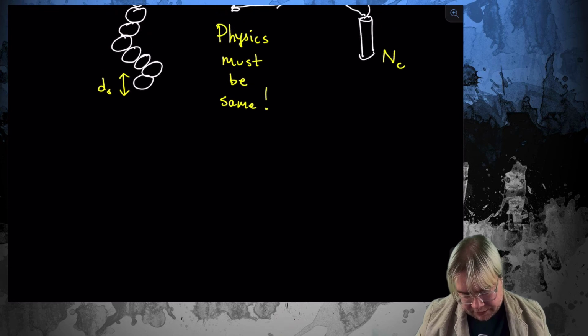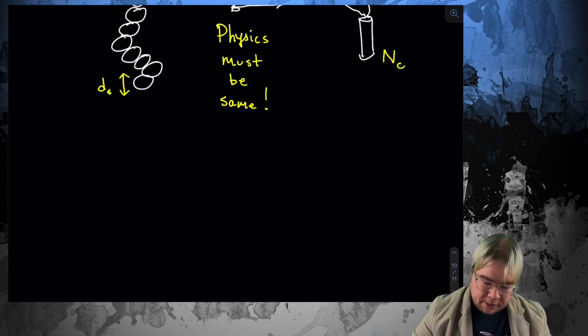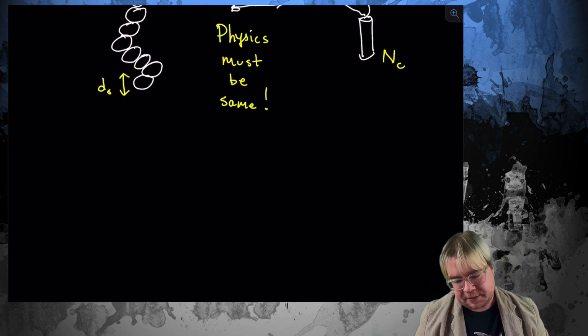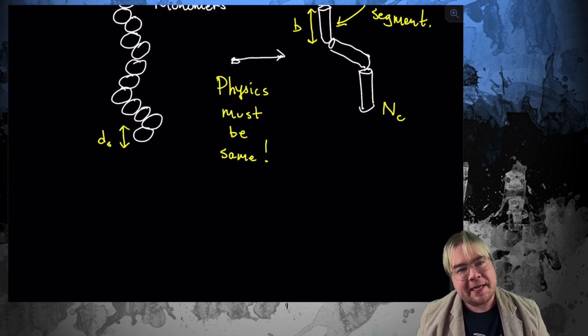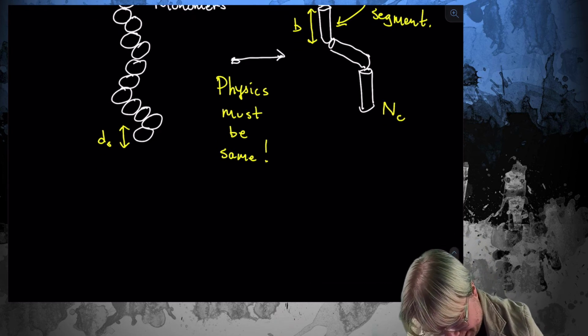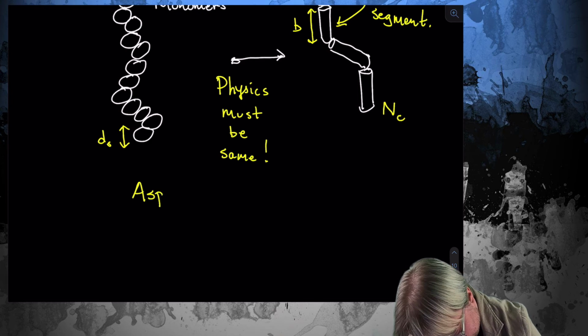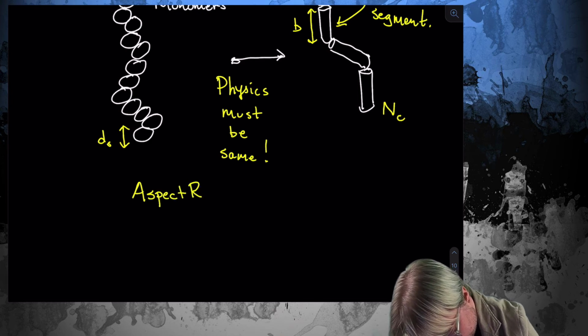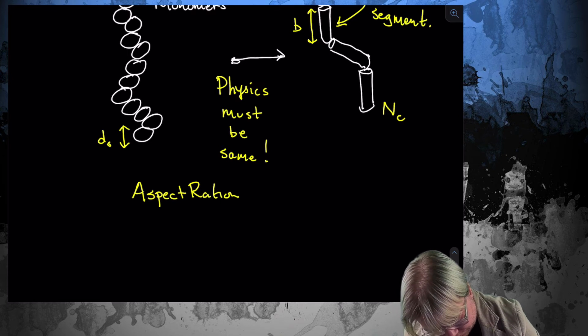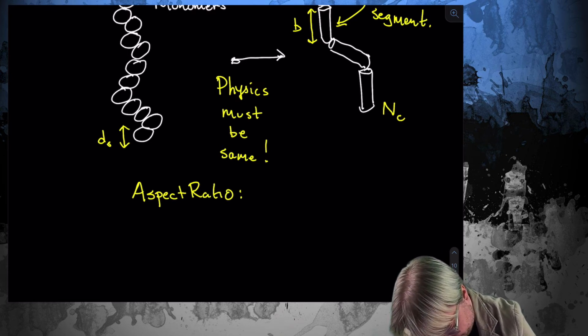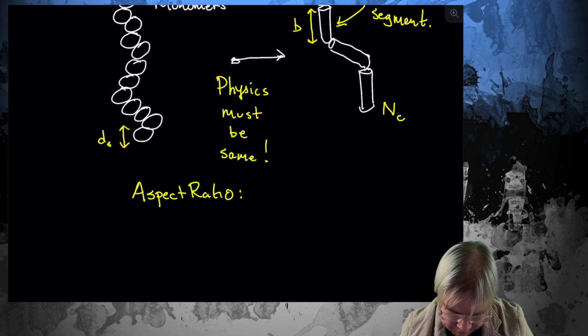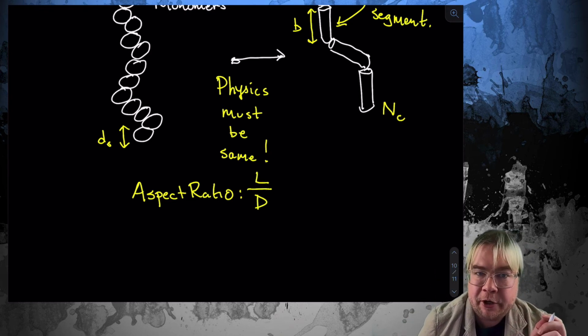So for most of the polymers that we talk about, these cylindrical segments here have an aspect ratio. Remember, the aspect ratio of a cylinder is going to be the length divided by its diameter.